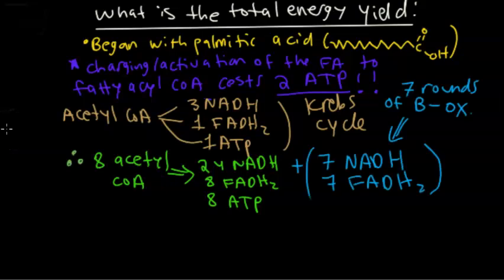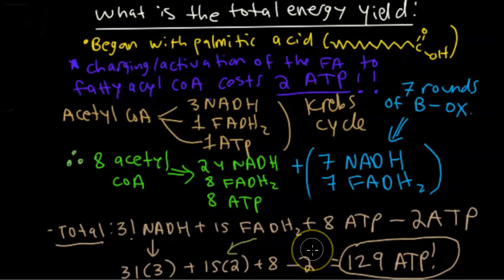In addition, we make 7 NADH and 7 FADH2 per 7 rounds of beta-oxidation, because each round we make 1. So from 7 rounds, we make 7 of each.